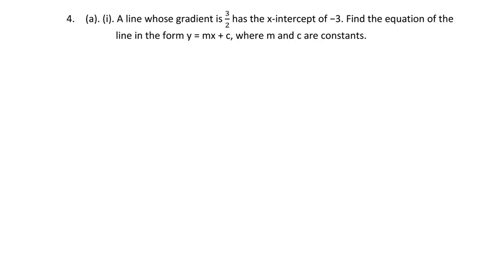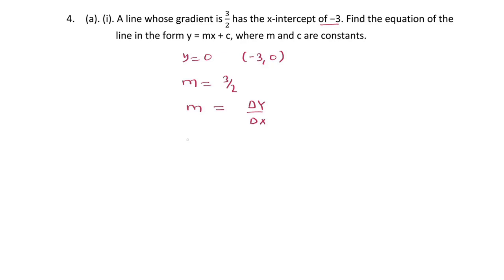Okay, so this is a coordinate geometry problem. We've been given that the x-intercept equals -3. We have to remember that the x-intercept is when y equals 0, meaning our point is (-3, 0). We have the gradient, which equals 3 over 2, using the formula for gradient, which says change in y over change in x.